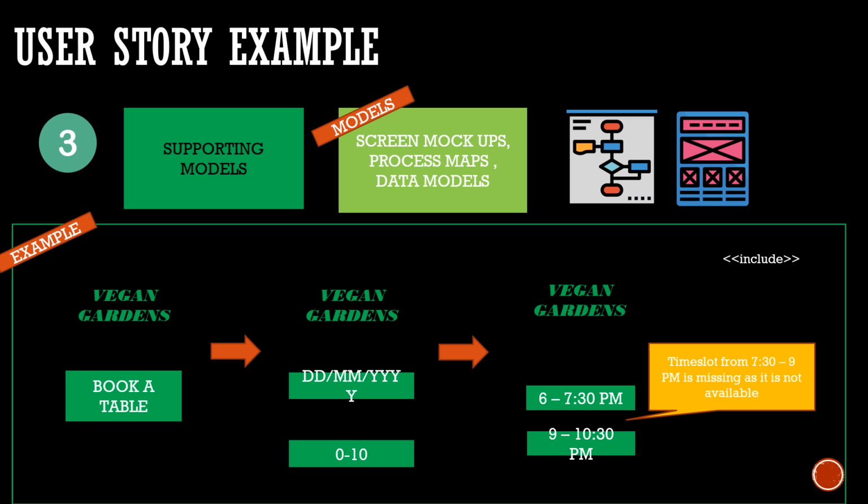In this example, we have shown 6 to 7:30 p.m. as one time slot, and then there is 9 to 10:30 p.m. as another time slot which can be selected.